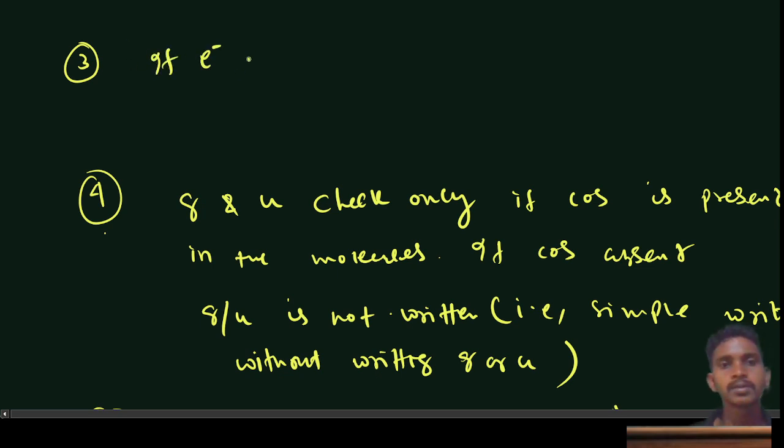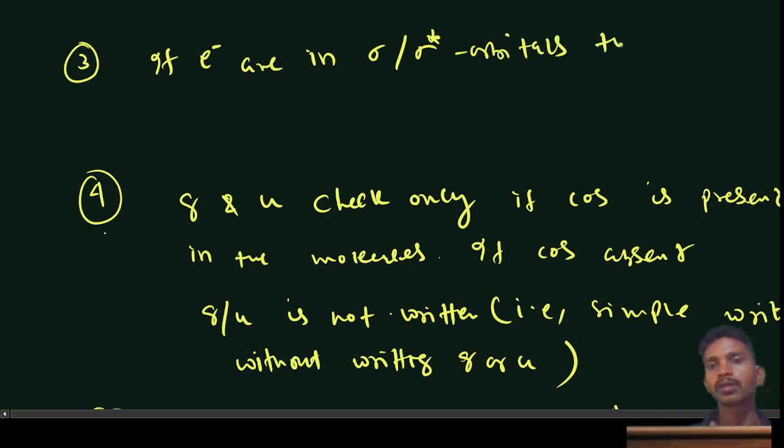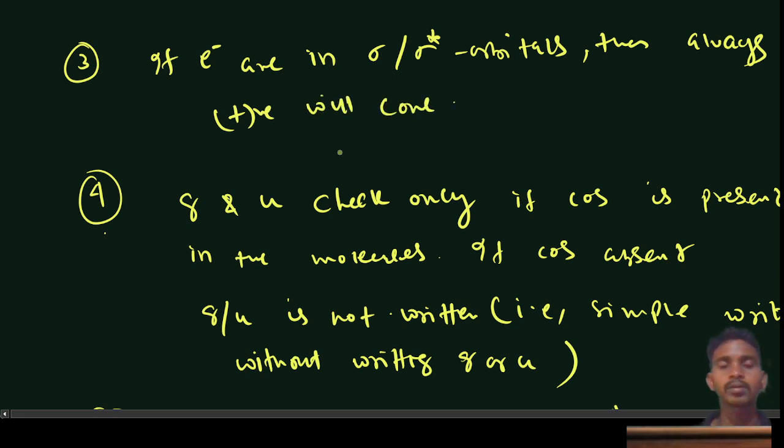If electrons are in sigma or sigma star orbitals, then always positive will come, and L is equal to this.